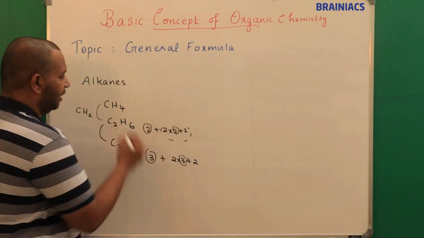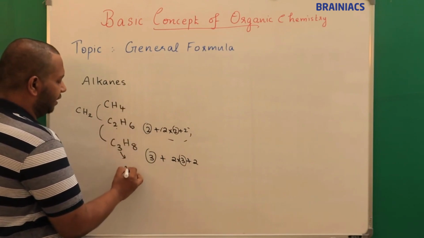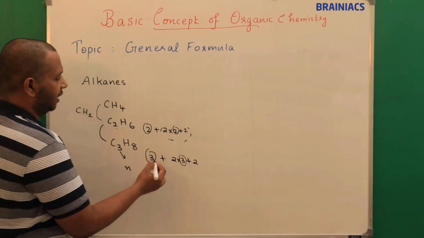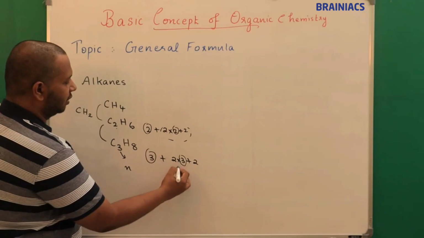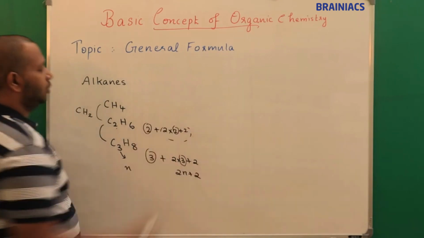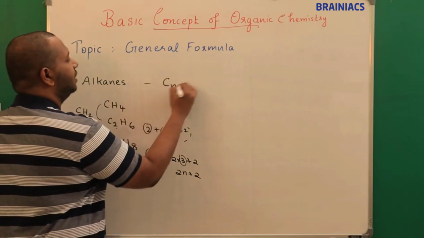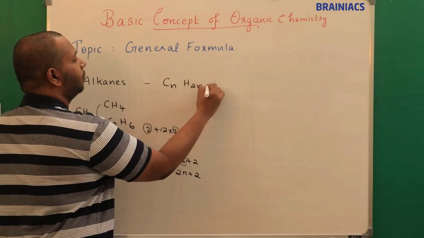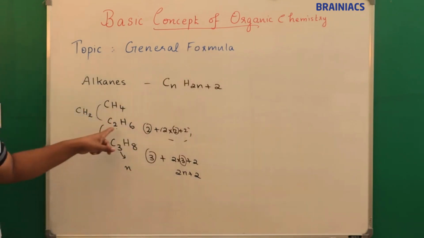So if I assume this number as n, then what will this be? I can say 2n, correct? This is n, so this becomes 2n plus 2. This is how I derive the general formula as CnH2n+2. Clear? You can just see here C2H6.